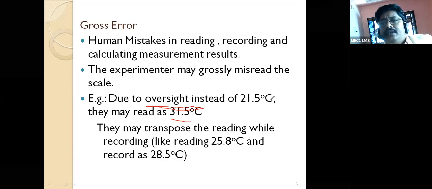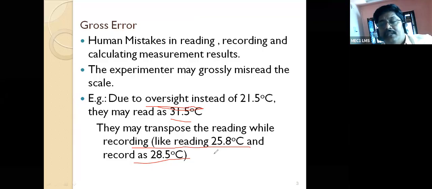Another one: they may transpose the reading value while recording, like reading 25.8 and recording 28.5 degrees centigrade. See, this is a lot of difference.